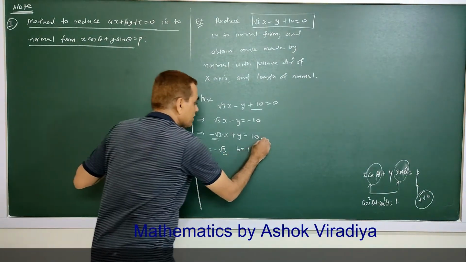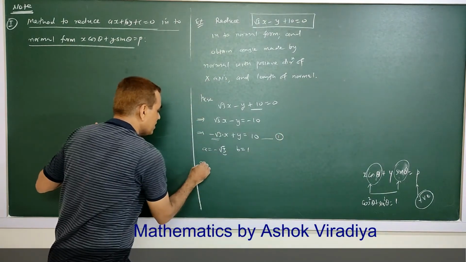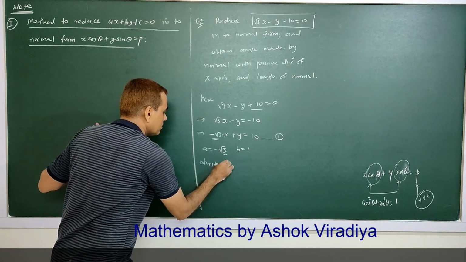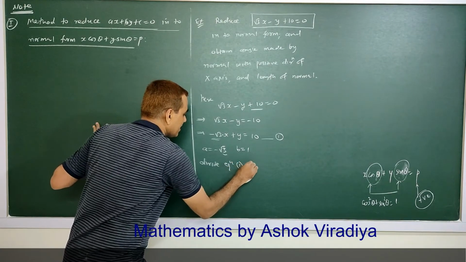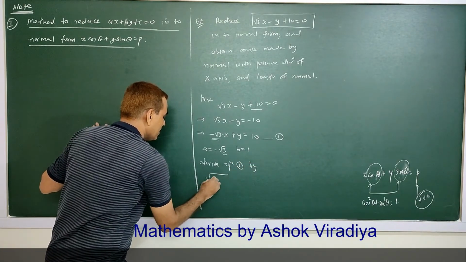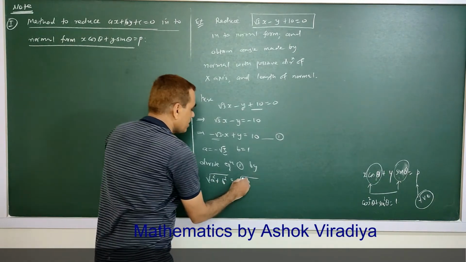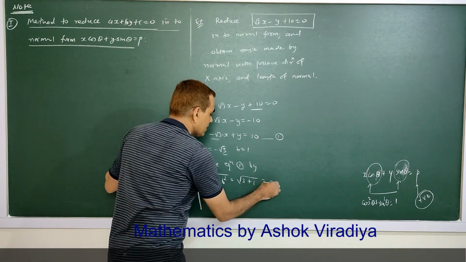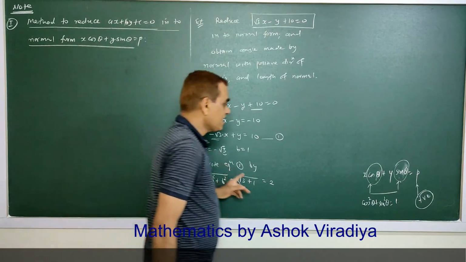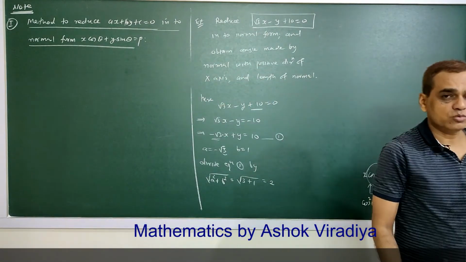Divide equation 1 by root of a square plus b square. That is, a square is 3, b square is 1, so that is root 4, which is 2. So we divide equation 1 by 2.